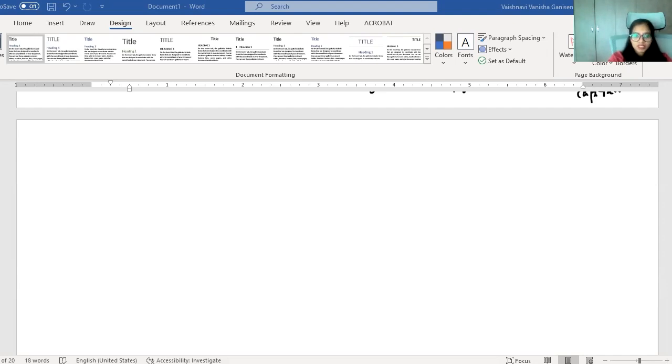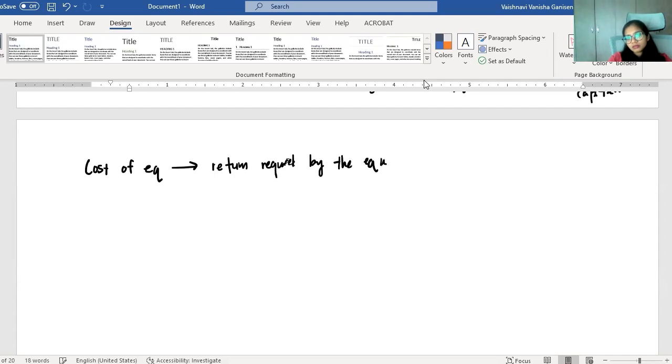So when you talk about cost of equity, guys, the first thing that I want you to know is when it comes to cost of equity, it actually means this is the return required by the equity holder of the company.